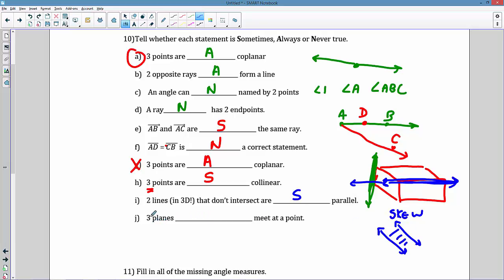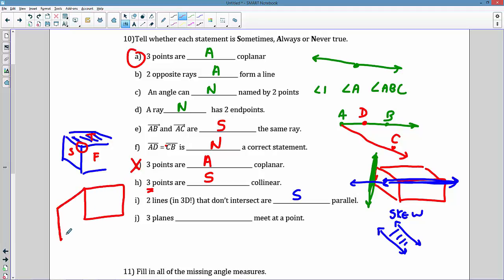Okay, 3 planes meet at a point. That happens in our room if you look at the corner of the room. This is from the outside of the room, and there's our roof on the top. You can see that all 3 of these meet here. There's the 3 planes, the front of the room, the side of the room, and the top of the room all meet at a point. But planes can kind of pinwheel. We talked about this in class, like pages in a book.